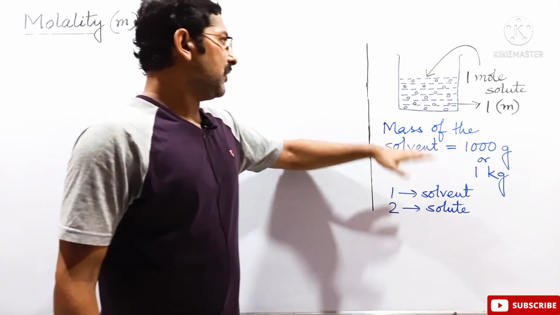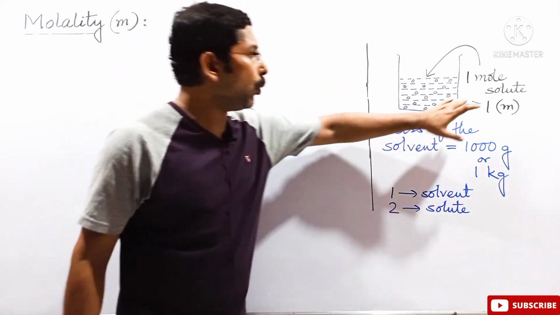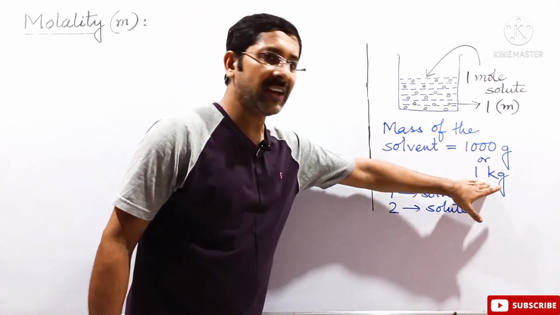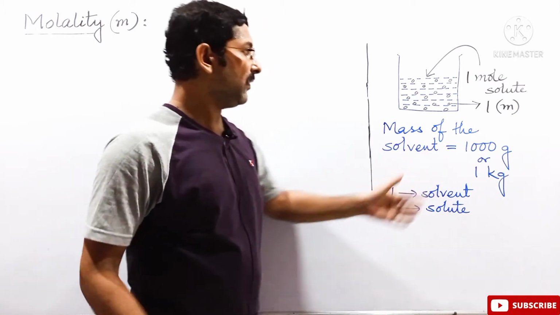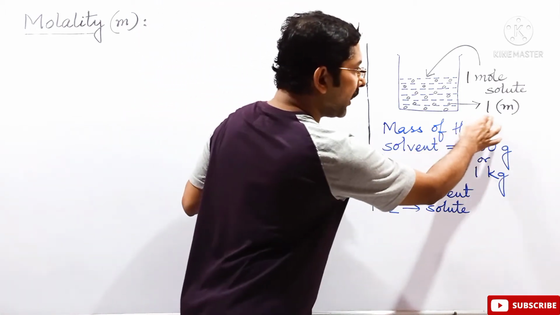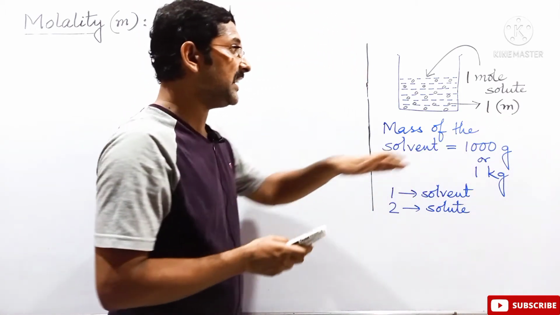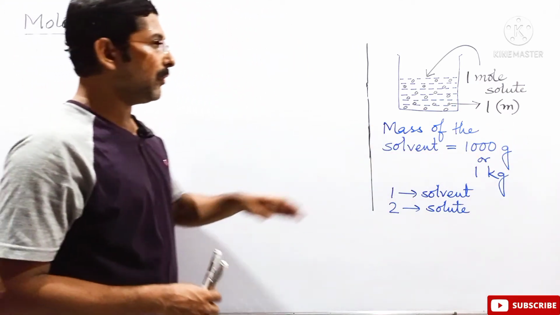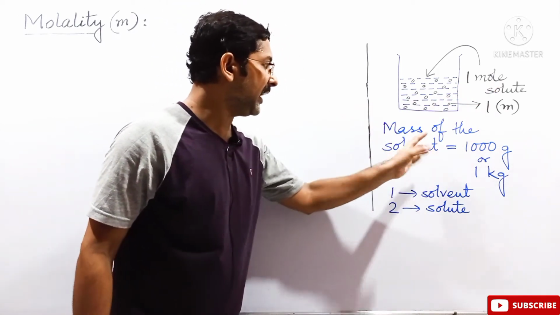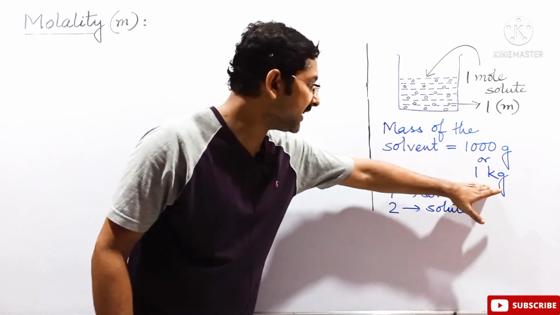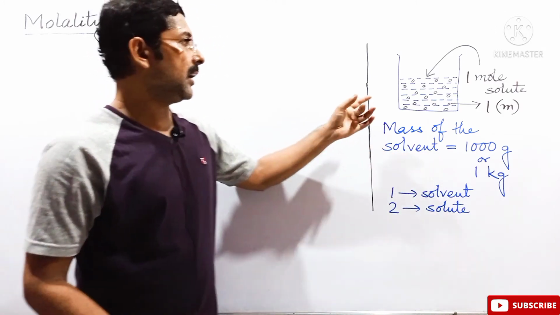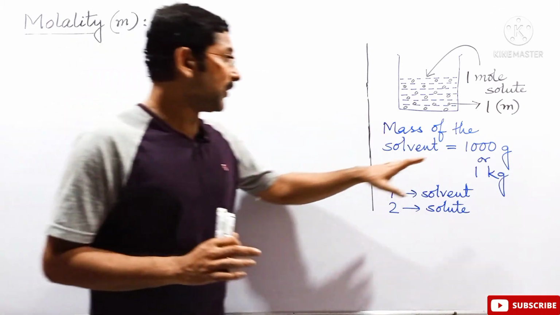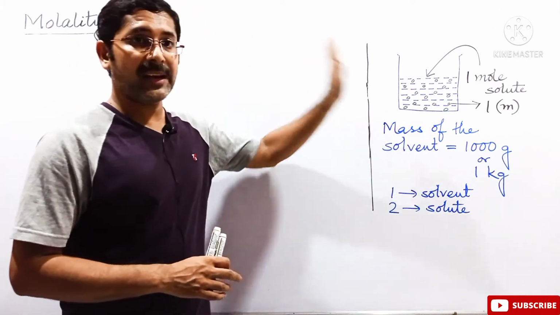So let us consider another solution where 1 mole of solute is present in 1000 gram or 1 kg of solvent. Then the concentration of the solution will be 1 molal. Look at the difference between molarity and molality.